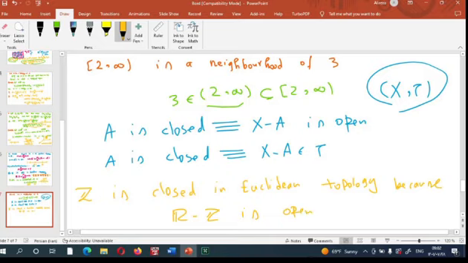Okay, since this is an open set in Euclidean topology, so Z is closed.